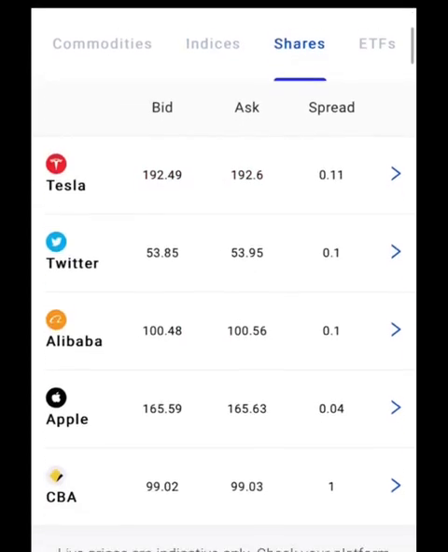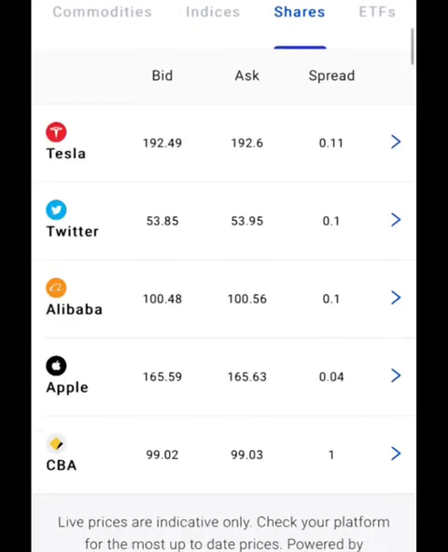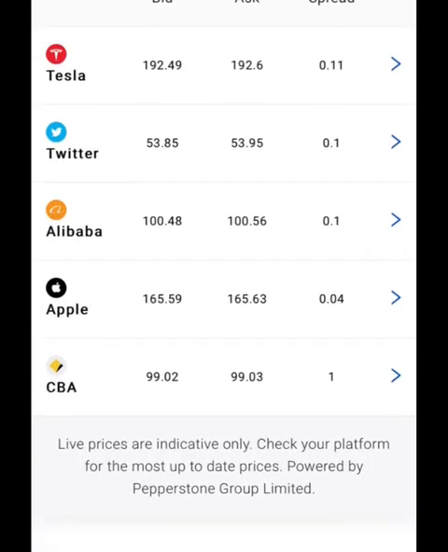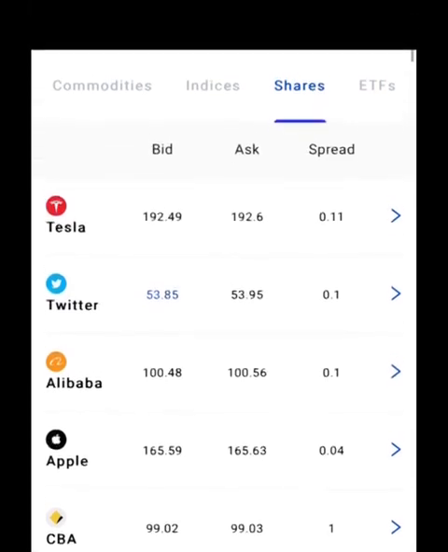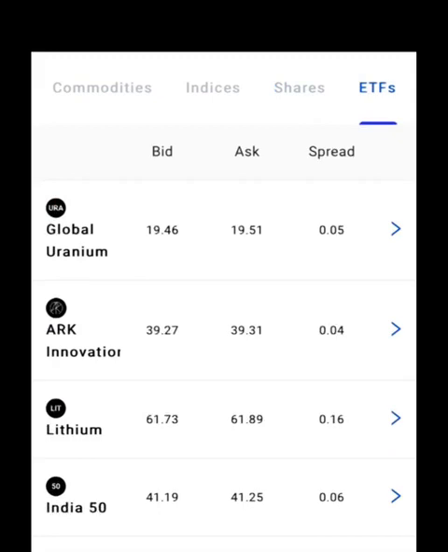For the shares they offer Tesla, Twitter, Alibaba, Apple, and CBA. This is a live chart on the market for shares. Let's go over and check out the ETFs.